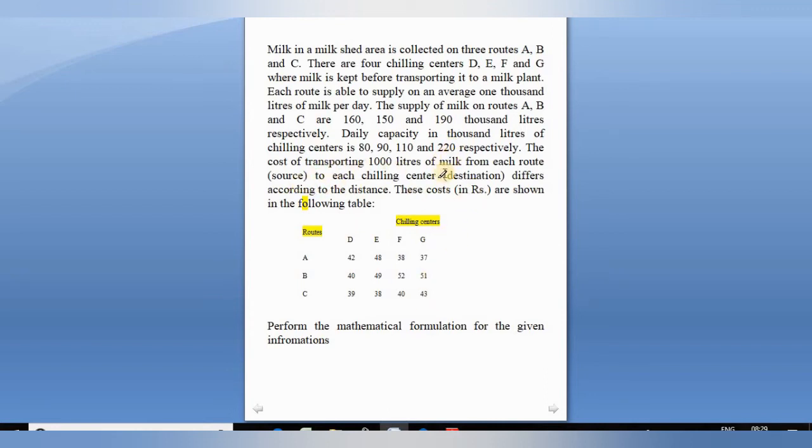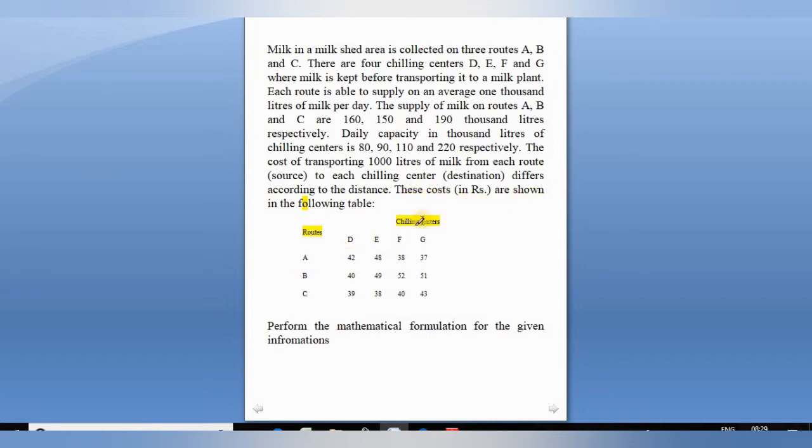The cost of transporting 1000 liters of milk from each route to each chilling center. Route is source, it means origin. Chilling center is destination, as I told you already, and the cost differs according to the distance. So these costs from routes to destinations are given. As I said, C is cost.